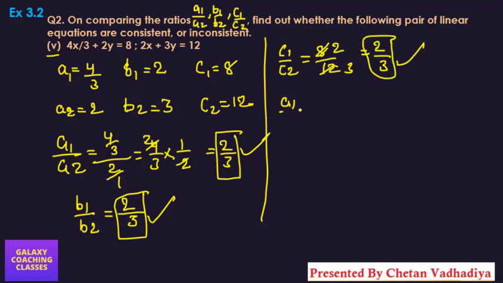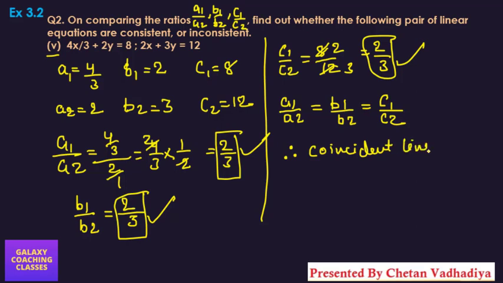So here a1 upon a2 is equal to b1 upon b2 is equal to c1 upon c2, guys. Therefore coincident lines, infinite solutions, so consistent.